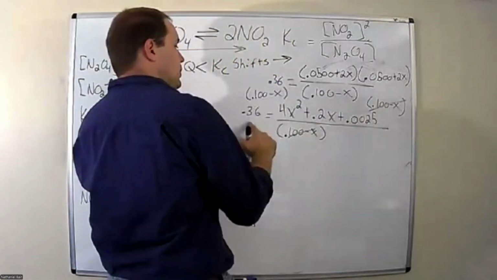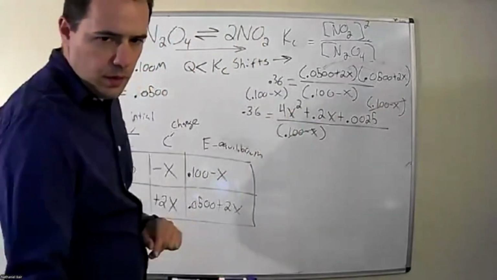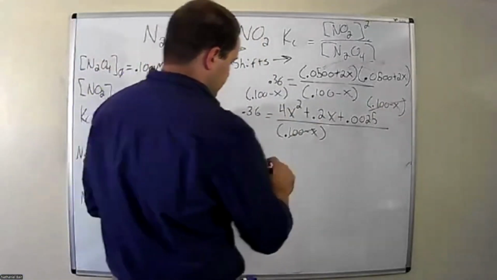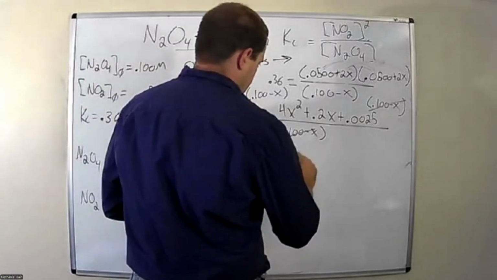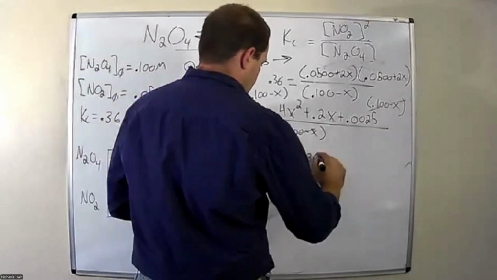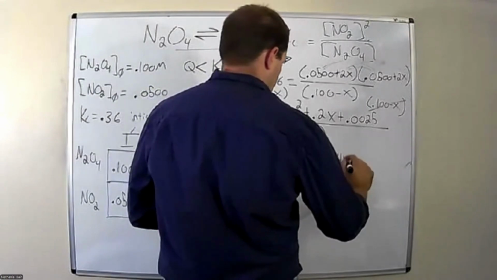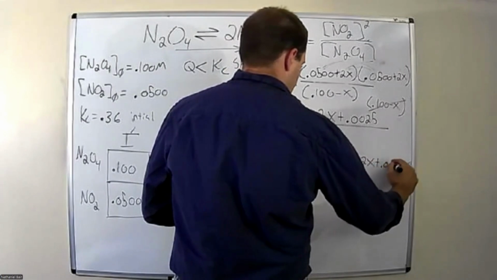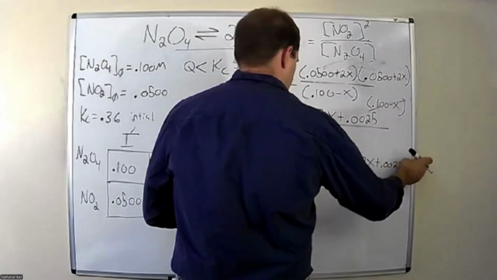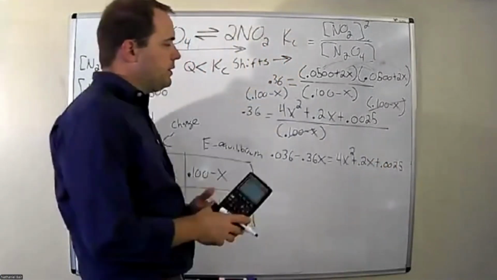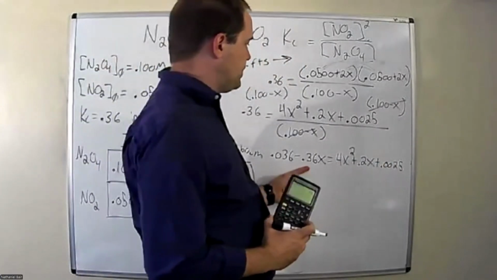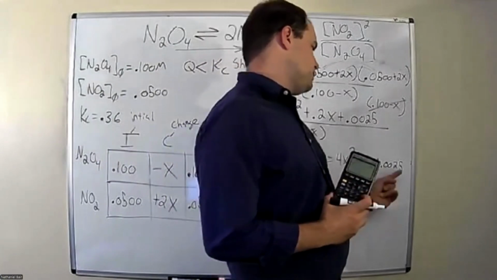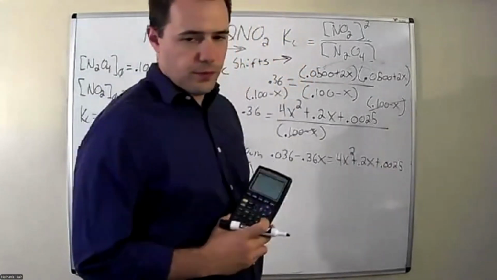I'm now going to distribute the 0.36 in. Okay, so hopefully you can follow me there. We get 0.036 minus 0.36x equals 4x squared plus 0.2x plus 0.0025.